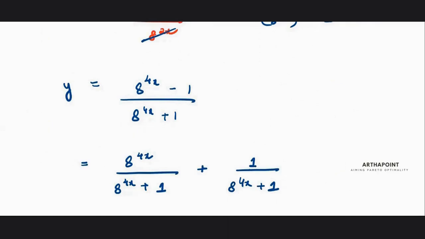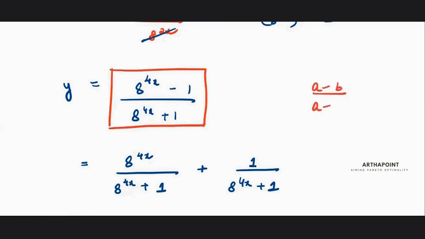See, whenever you have this kind of fraction, these are some tricks that you should remember. Whenever you have a fraction of the form a minus b upon a plus b, one way to write it is a upon a plus b minus b upon a plus b.